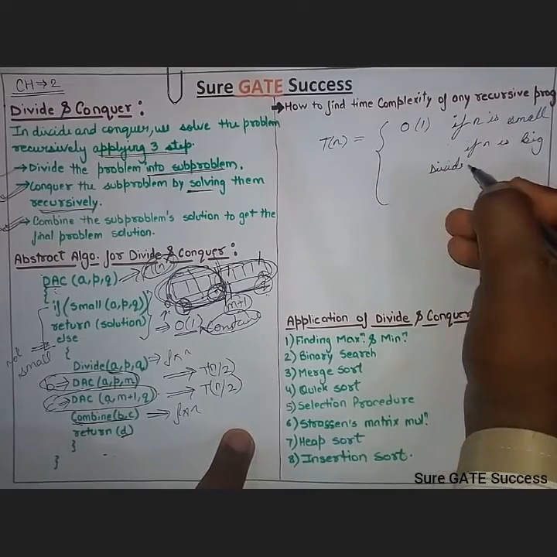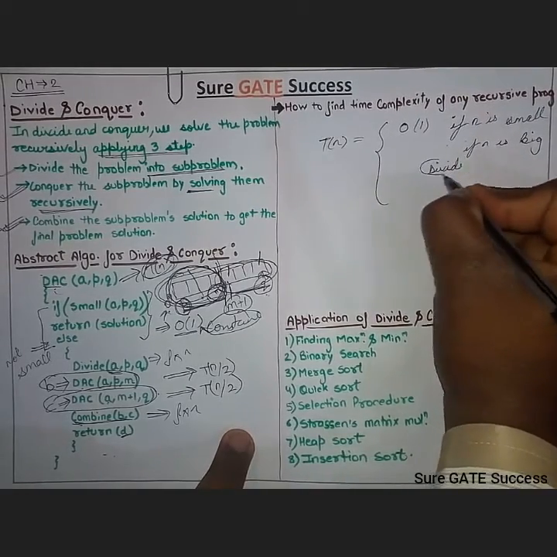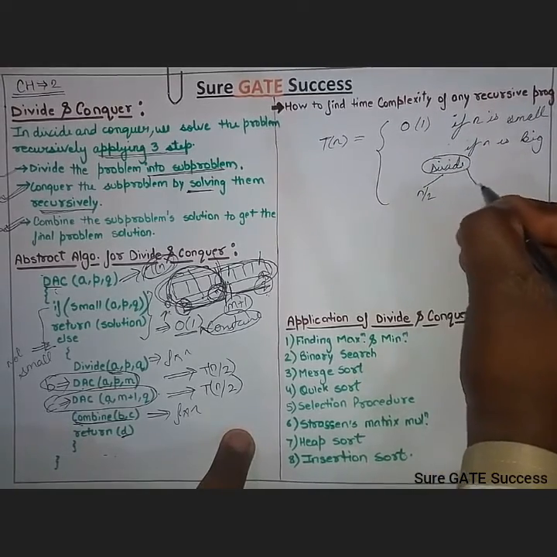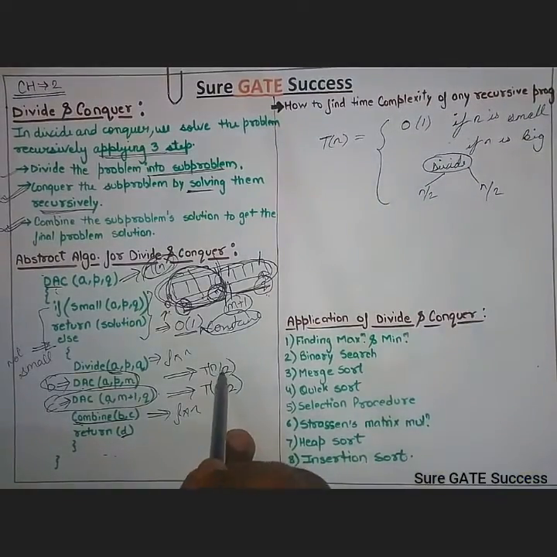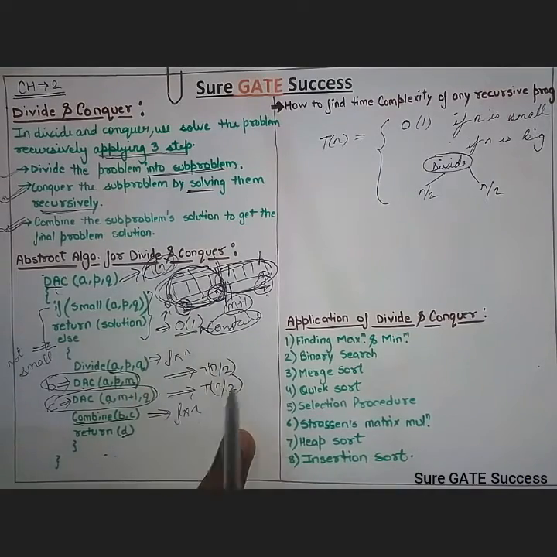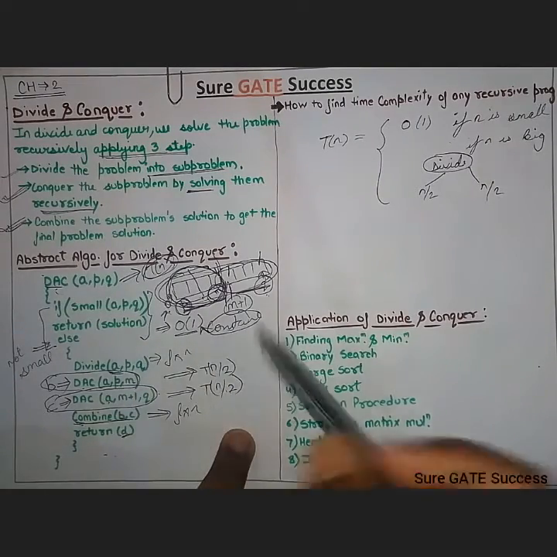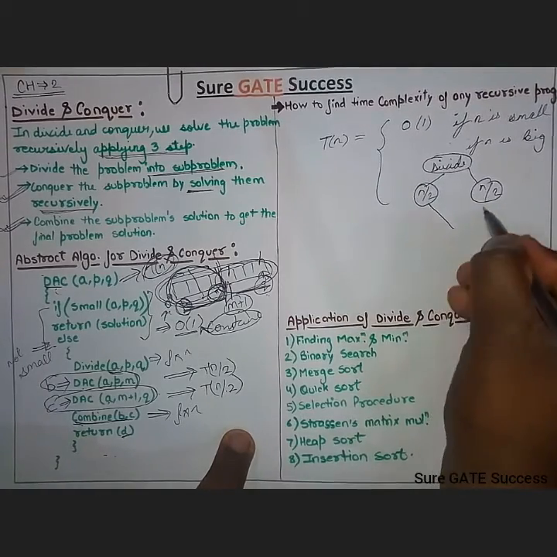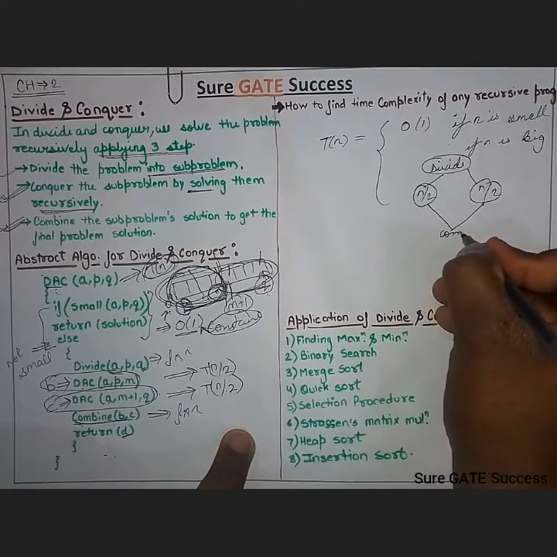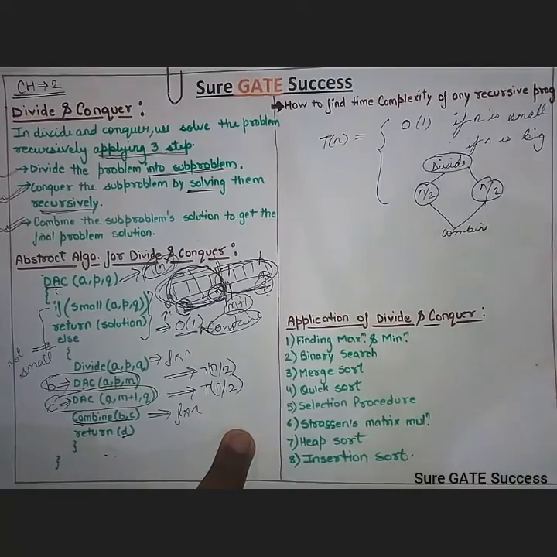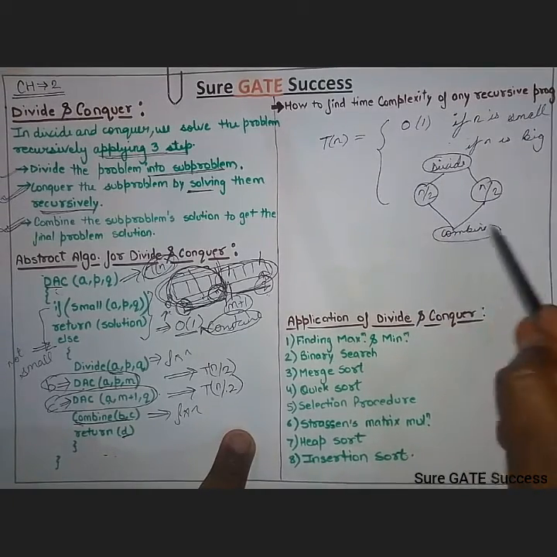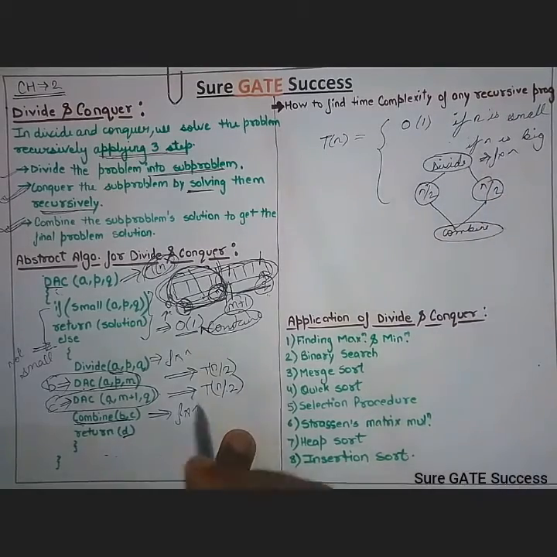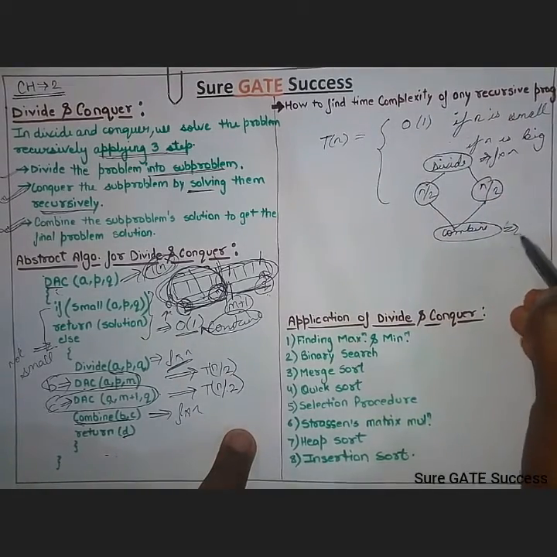We have to divide the whole problem, and we have divided the whole problem into n by 2. This is the whole problem, we have divided by 2. Then what do we have to do? We have to combine. Here I have combined the solution. So this one is a function, and this one also is a function.